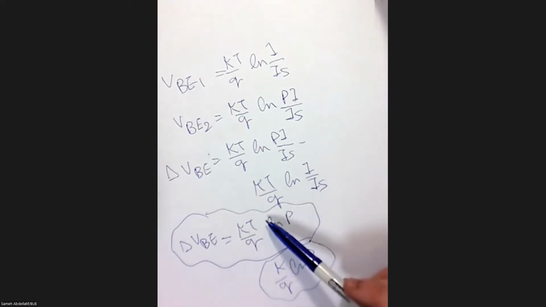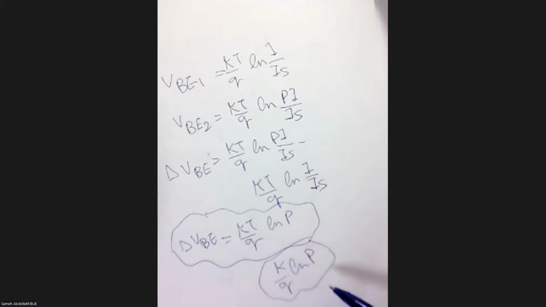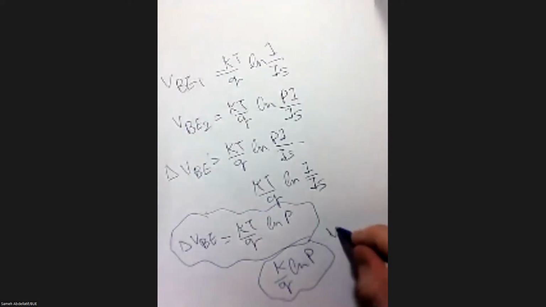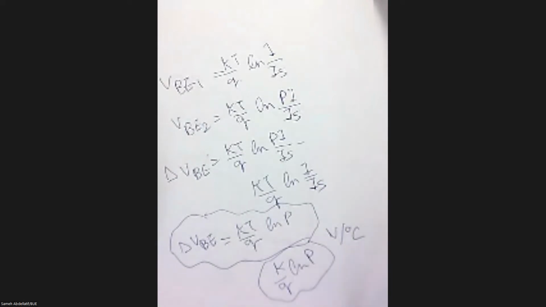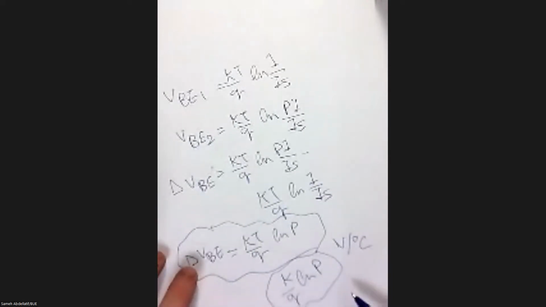So with each increase or decrease of one degree Celsius in temperature, the voltage will change by this factor, K over Q ln P, with the unit volts per degree Celsius. So this is the sensitivity of your sensor, or your CMOS temperature sensor.